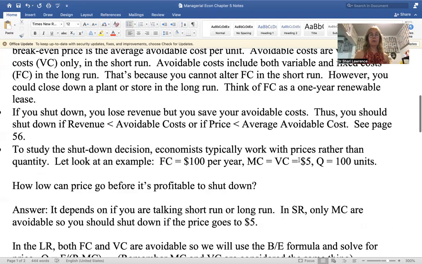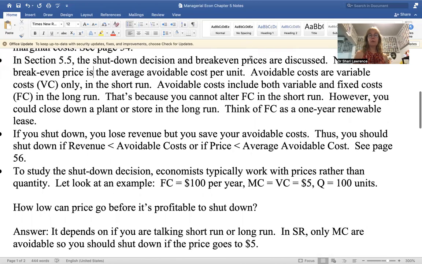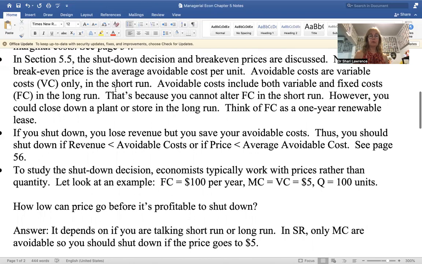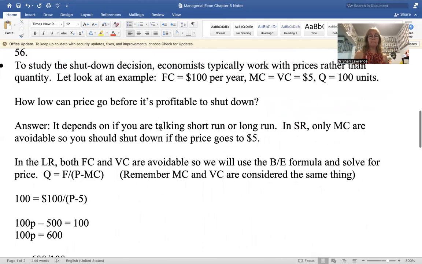Remember, in the short run, the only avoidable costs are the variable costs. So the answer in the short run is easy: only the marginal costs are avoidable. So you would shut down if the price goes to $5. That's your shutdown decision because you can avoid those variable costs. But what about in the long run?